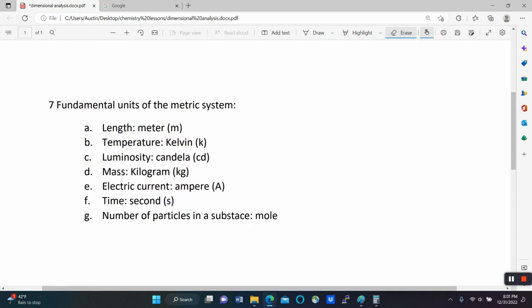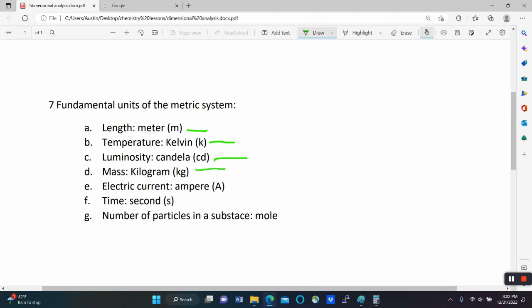Now, with regards to the metric system, there are actually 7 fundamental units, each one corresponding to a different physical property. We just discussed meters, which are basically used to measure length. Kelvin are the fundamental units used to measure temperature. The candelas are the fundamental units in terms of which luminosity is expressed.